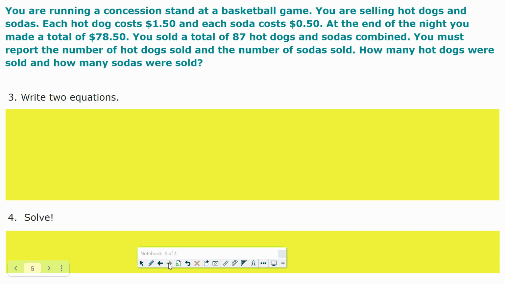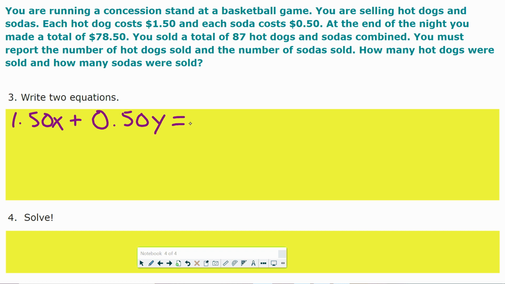Right, two equations. So my first equation is going to have to be with the cost. I know that each hot dog costs $1.50, so I'm going to do $1.50x plus 50 cents y, and that equaled a total of $78.50.